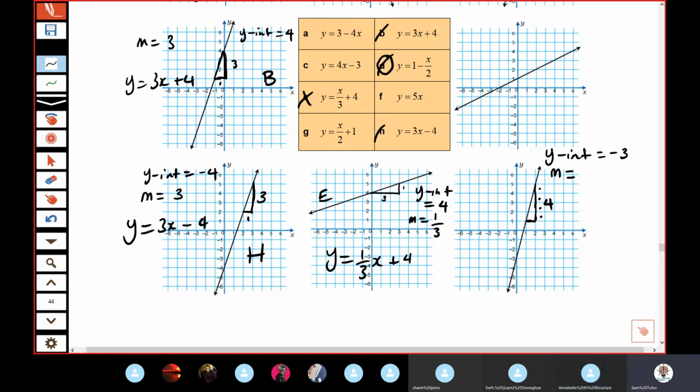How about from 2 to 1? What's your run there? 1. So your rise is 4 over your run 1, which equals 4. Your equation is y equals mx plus b, which is your y-intercept. 4x take away 3, which is C.